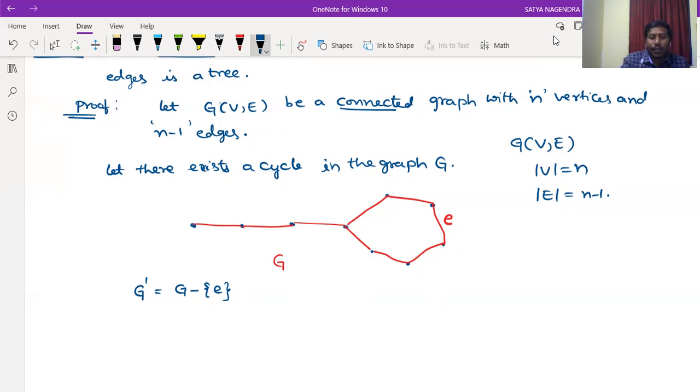Because it is a cycle, like this. For example, you observe if you have a cycle in this manner. If you delete an edge from this cycle, see this one.